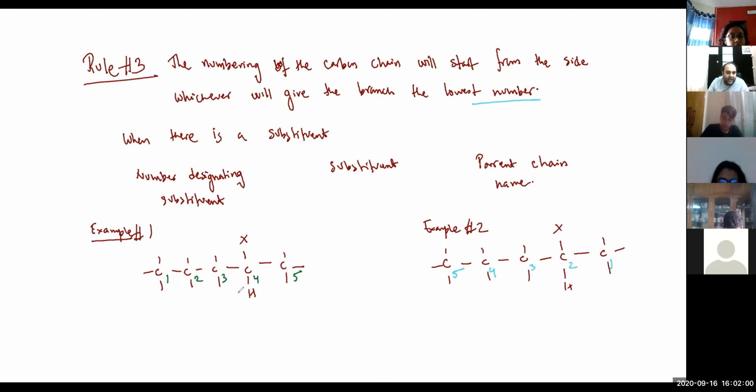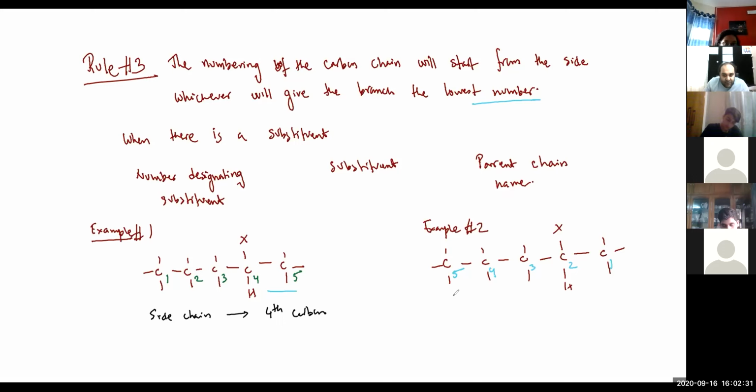So what will the name be here? First of all, which example is correct, example 1 or example 2? Example 2. Example 2 is correct, why? Because when you start from here, your side chain is linked to the fourth carbon.